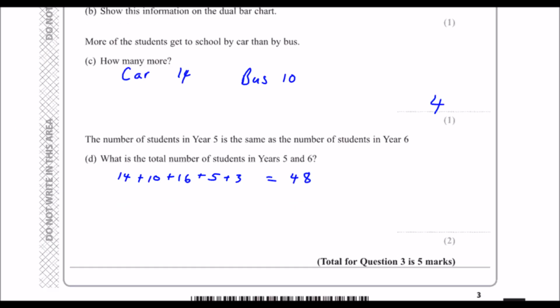And it says the number of students in year 5 is the same as in year 6. So there's also 48 in year 5. How many are there in total? Well, 48 plus 48, or 48 times 2, we should get 96.